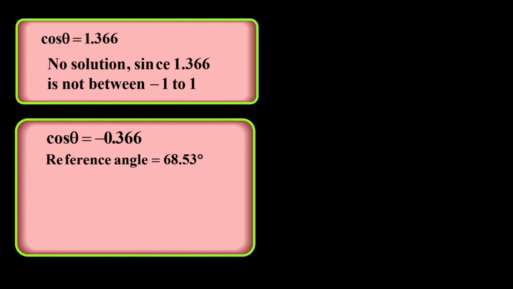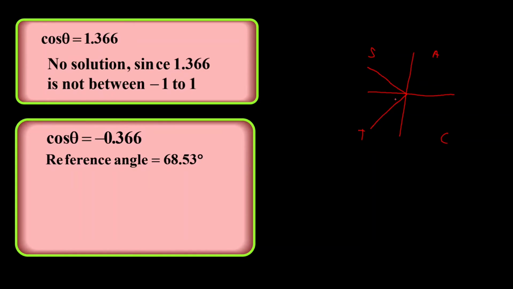Alright, so cos negative, sorry, cos negative will be in which quadrant? So let's check it out. Cos negative, I will have it here, in the second quadrant and the third quadrant.